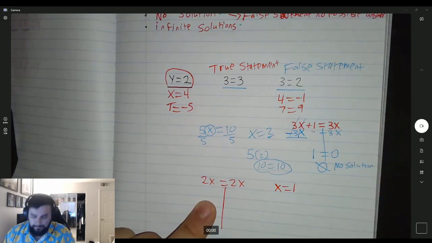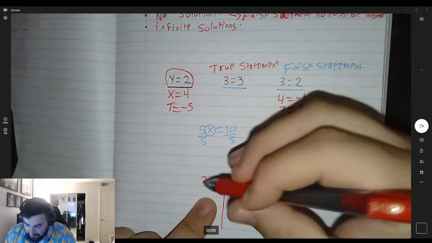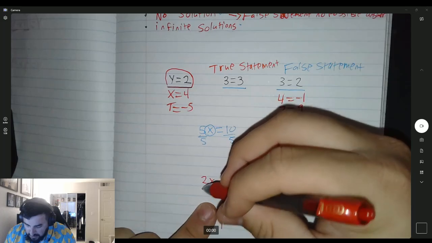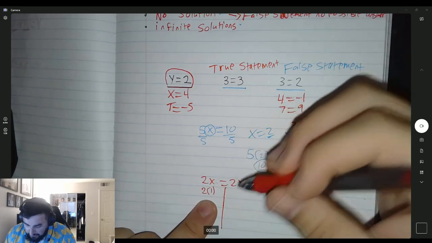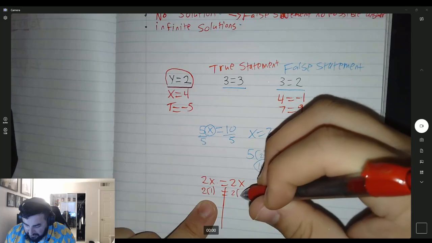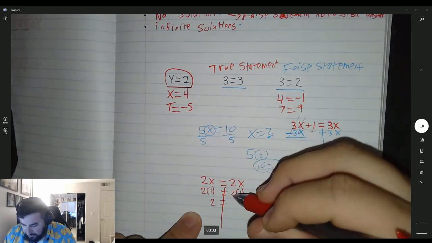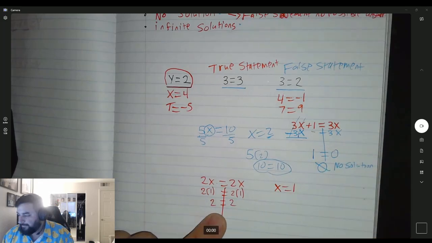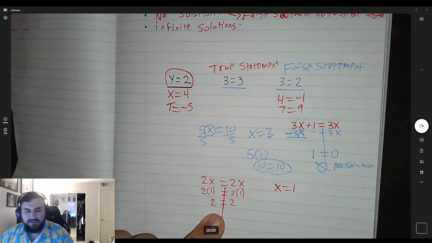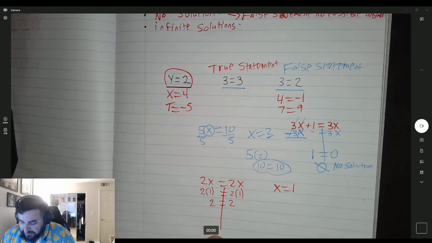Well, let's try it out. Let's plug in 1 for both. Substitute the x for 1, equals 2, substitute the x for 1. So 2 times 1 is 2, and 2 times 1 is also 2. Whoa! 2 equals 2. That's pretty much true. So that's a true statement. That's an infinite solution.